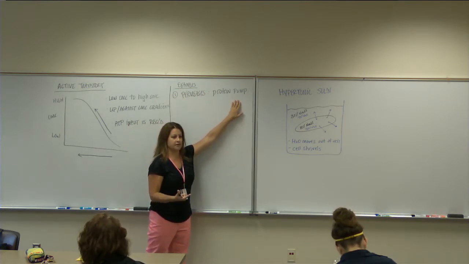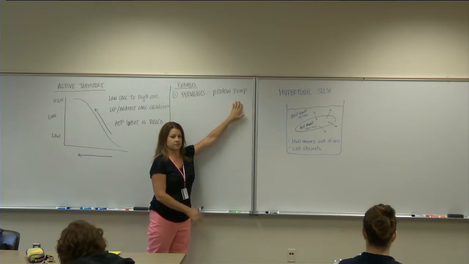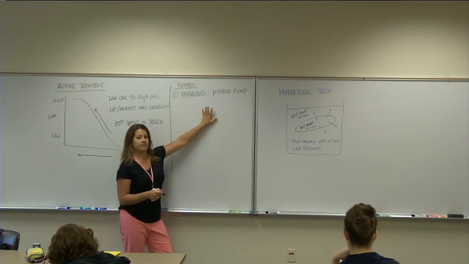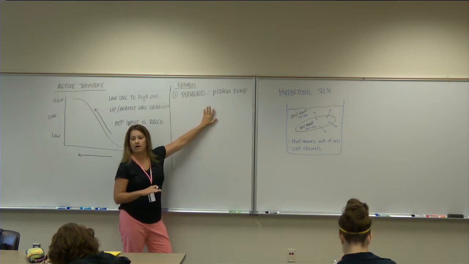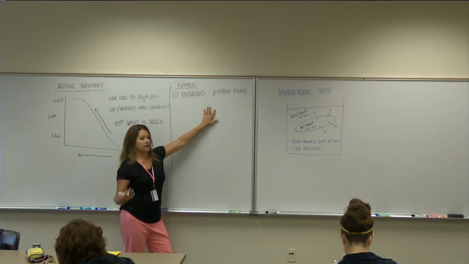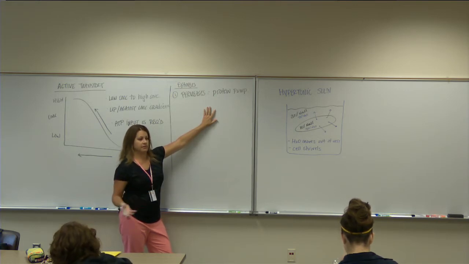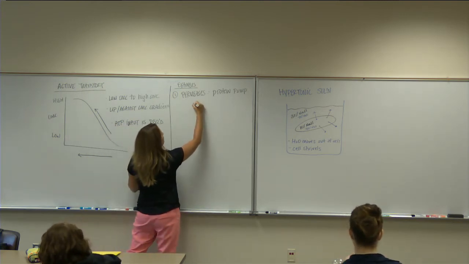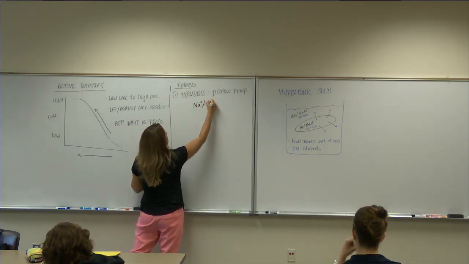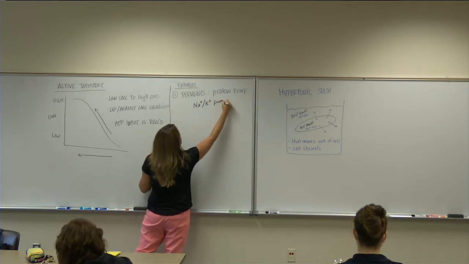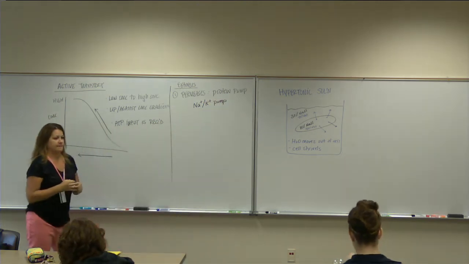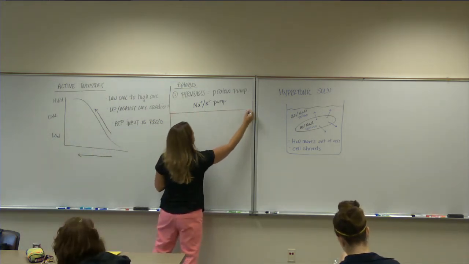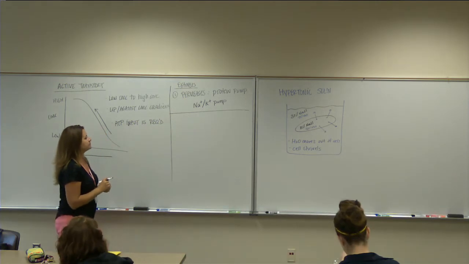If you hear channel or carrier, passive transport. Just be clear with that terminology. Pumps work by pumping against the gradient, always. Carriers and channels go with the gradient. A classic example is the sodium potassium pump, an active transport mechanism, from low to high concentration.